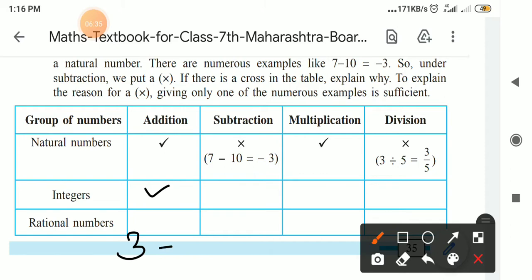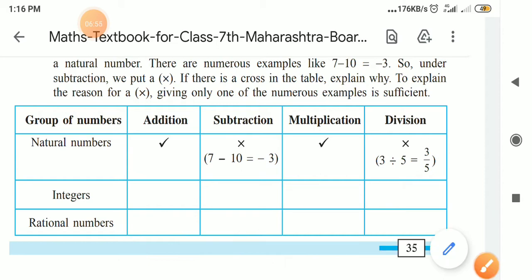I want to do the subtraction, so I will take another integer. I will take the integer here, minus 5. Integers means which numbers? I told you positive, negative and the 0. So here 3 minus minus 5, and the answer is 8, and 8 is an integer, so here also the correct mark will come, right?